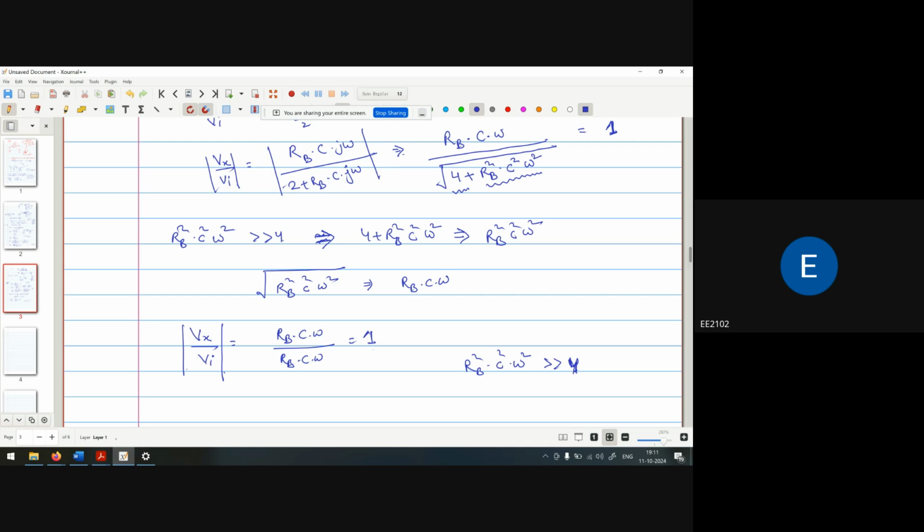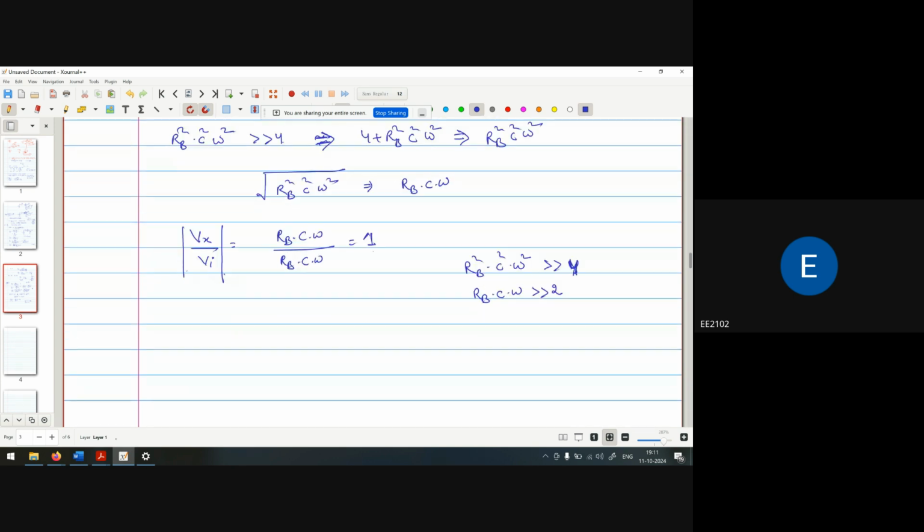Now if I calculate the value of omega, Rb into C into omega should be greater than 2. Taking the square root, omega is greater than or equal to, sorry, 2 upon Rb multiplied by C.